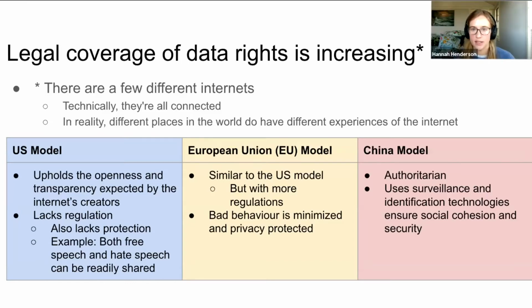Sure. So that was a couple questions. I'll see if I can answer them. I don't think I can do justice to all of them. But the first one was just why are there different types of internet? Sort of the same reason there are different laws in different countries. The internet is one of the first globally shared resources.